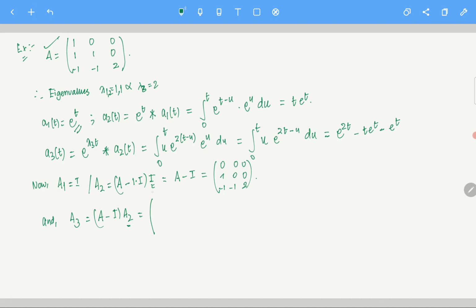So A minus identity is this one, and then you have to multiply it by A2. A2 is again this thing. So essentially that will give you the same thing squared. So it is 0 0 0, 0 0 0, and minus 2 minus 1 minus 1. I hope this is fine. What you need to do is please check this calculation.